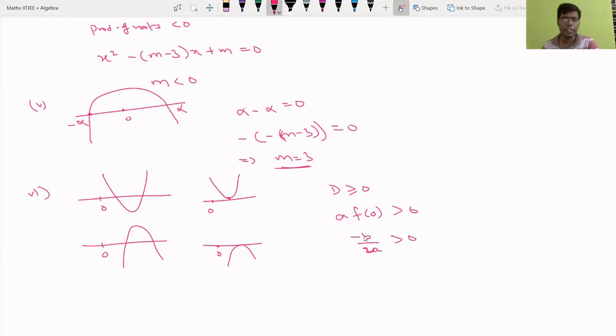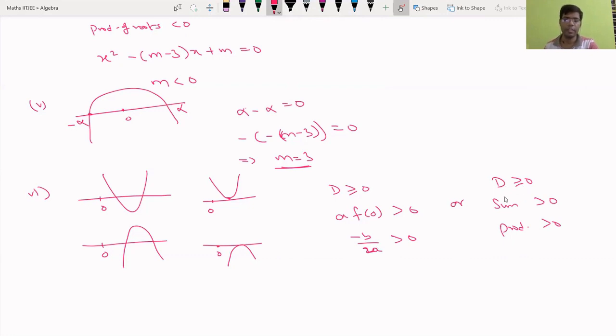So either I can check these three conditions, or I can check discriminant greater than equal to 0 and sum of the roots positive and product of the roots positive. Because the sum and product are readily available in the equation, I can use that.